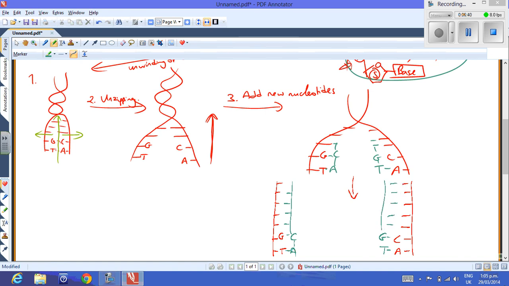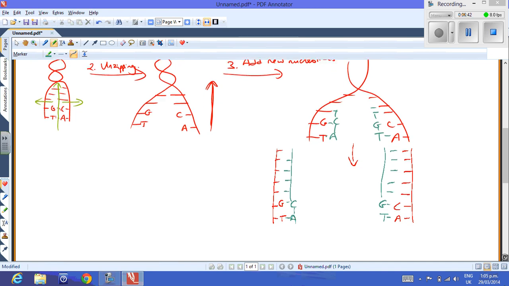So this process of DNA replication is sometimes described as being semi-conservative, because what you do is you conserve the old strand, that's the old DNA strand in red, which is referred to also as the template strand because that's the one you build upon, and then the new strand in green.